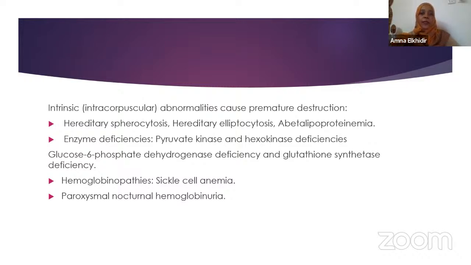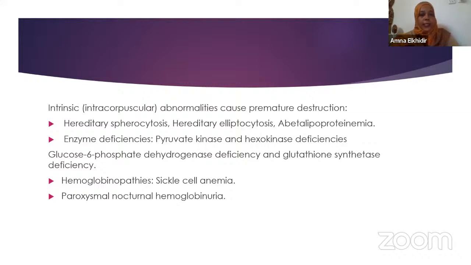So the problem is inside the RBCs. The second one is enzyme deficiencies like pyruvate kinase and hexokinase deficiencies. These two cause decreased glycolysis and apoptosis. Glucose-6-phosphate dehydrogenase deficiency and glutathione synthetase deficiency lead to increased oxidative stress on the cells, and thus the cells die eventually.